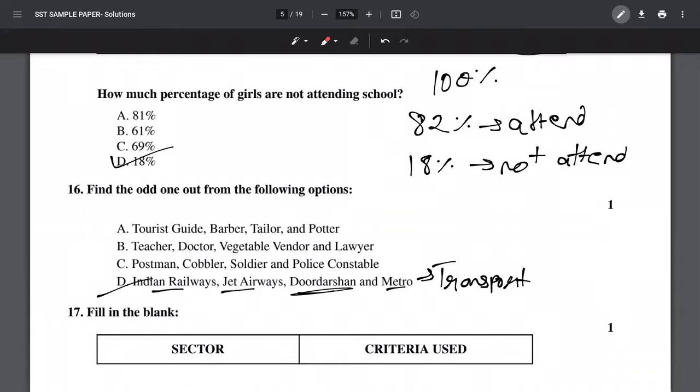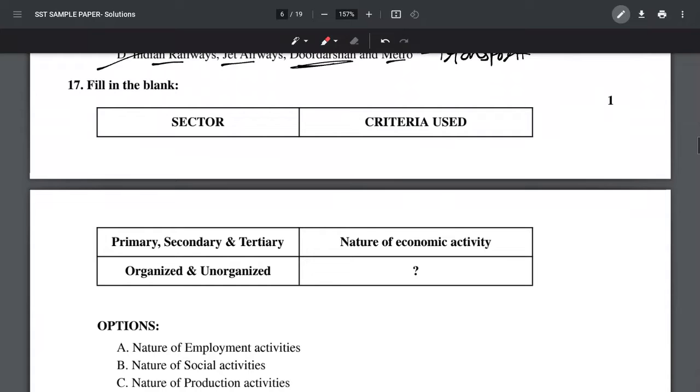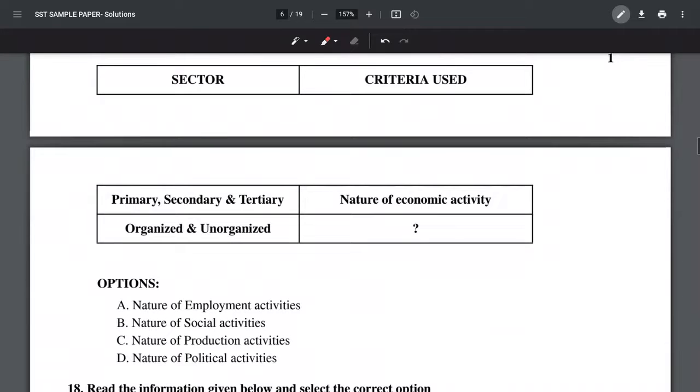Okay. Next one, fill in the blank. Sector and criteria used. Sector: primary, secondary, tertiary. Nature of economic activity. Alright, that's the nature. Organized and unorganized sector. What do we mean by that? So see, primary, secondary, tertiary means the nature of the economic activity, like selling, giving services, manufacturing or something.